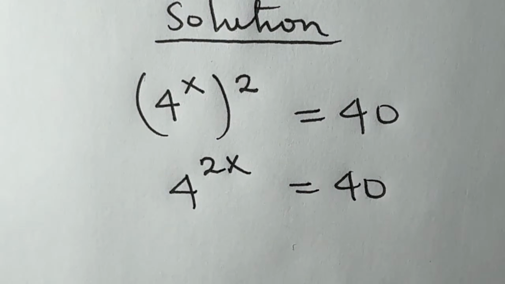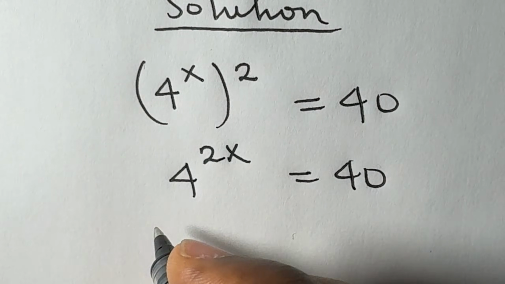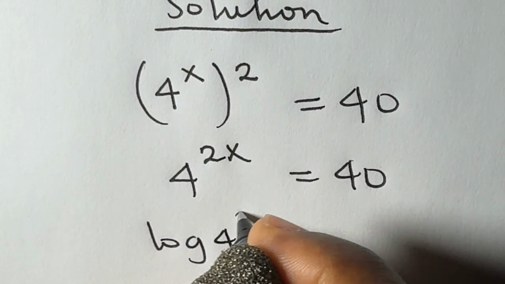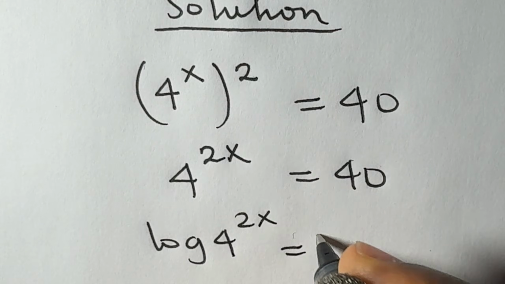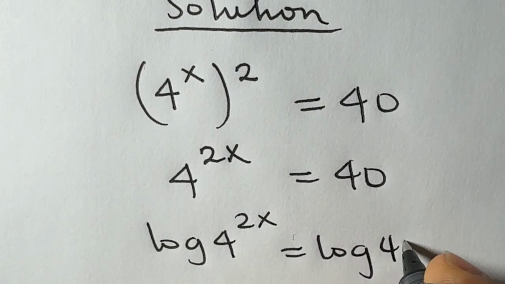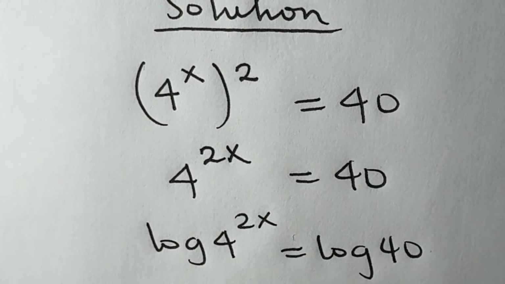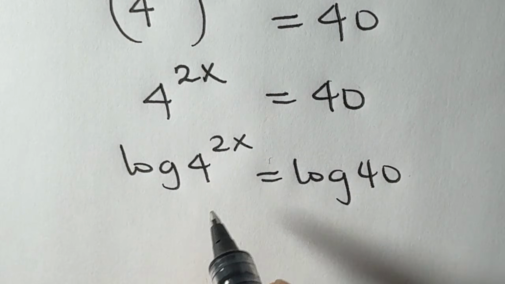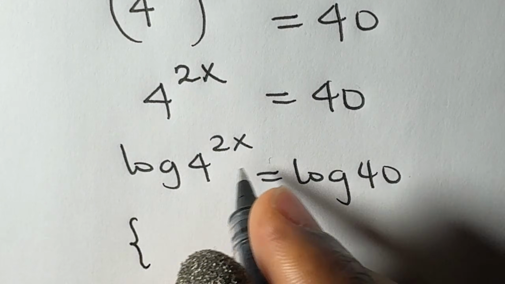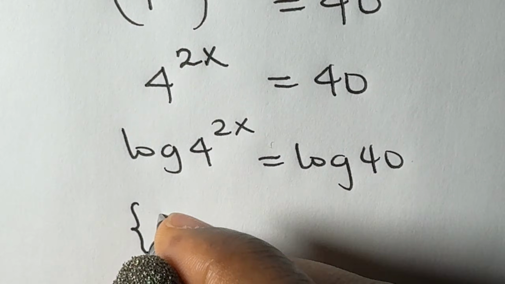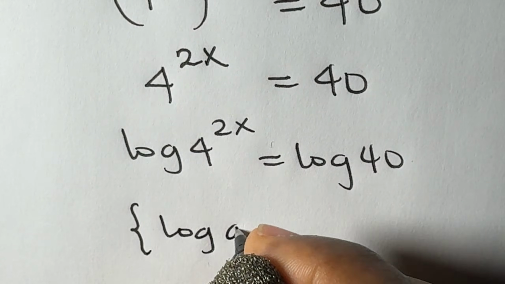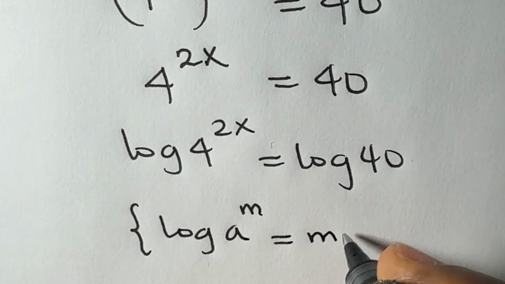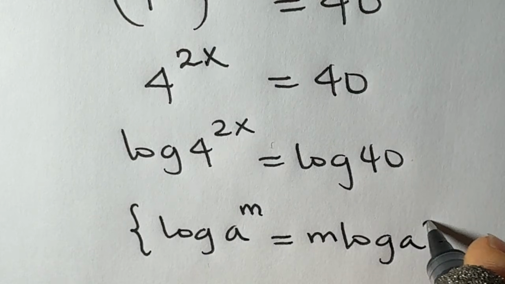Now let us take the logarithm of both sides of this equation. We're going to have log 4 raised to power 2x is equal to log 40. By logarithm, this part is of the form log a raised to power m, which we can write as m log a.